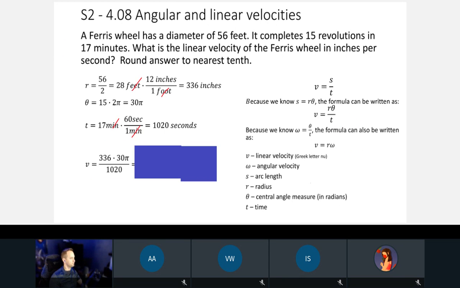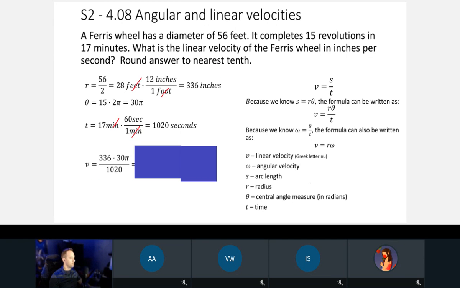When you have an answer, go ahead and just write it in chat. We don't want exact. We want it in inches per second, and it says round to the nearest tenth. Yep.